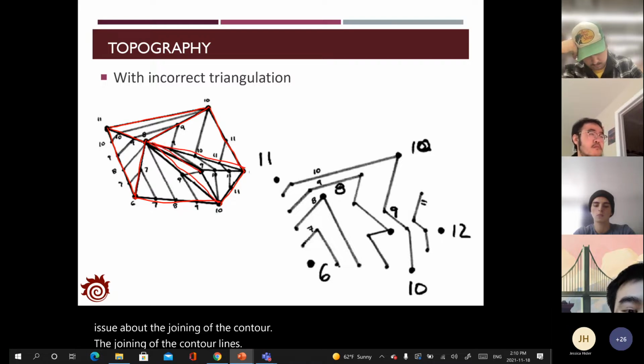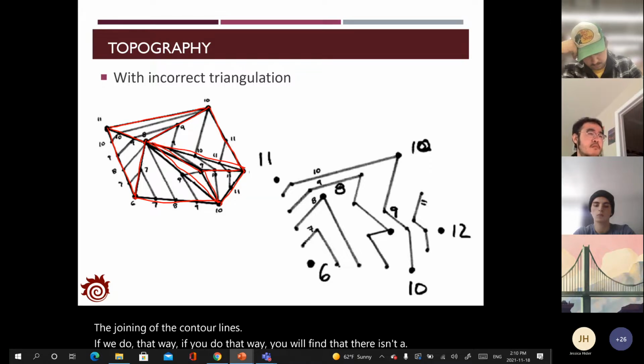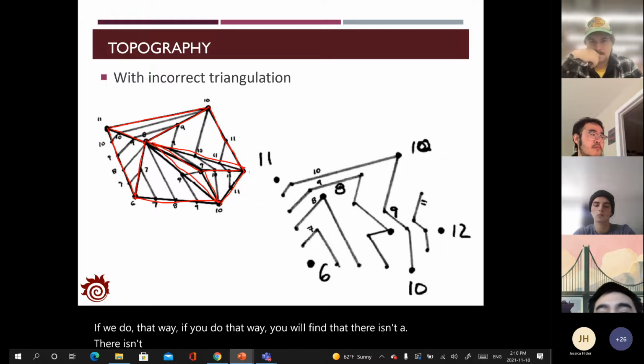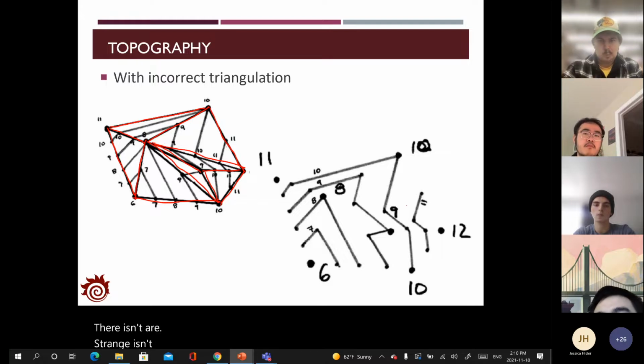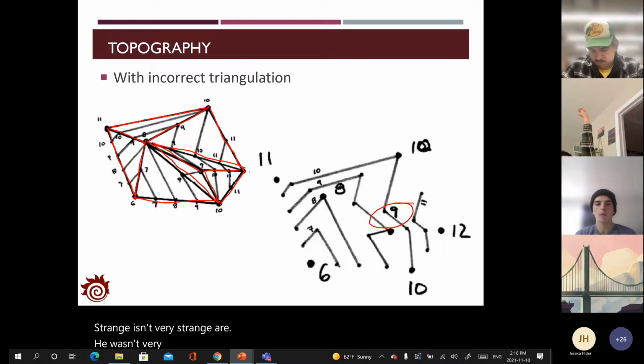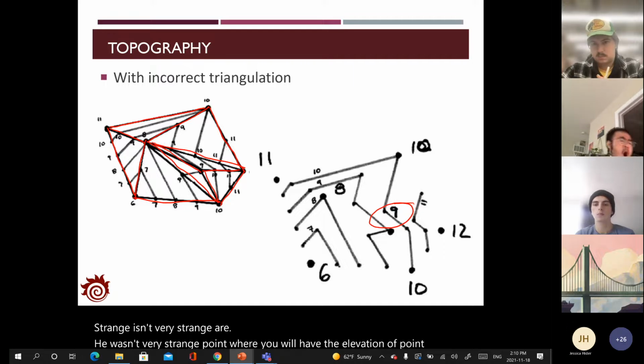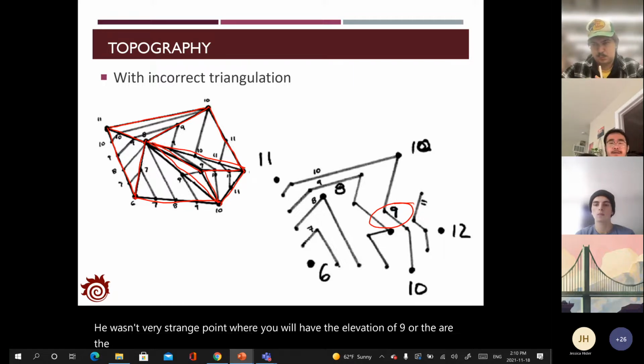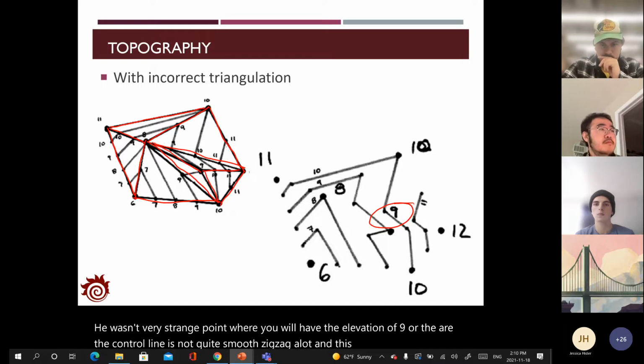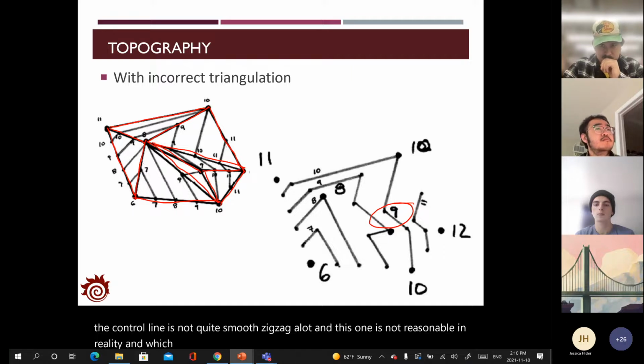If we do that, you will find there's a very strange point where you will have the elevation of 0.9. The contour line is not quite smooth. It zigzags a lot, and this is not reasonable in reality, which indicates that the contour line is not right.